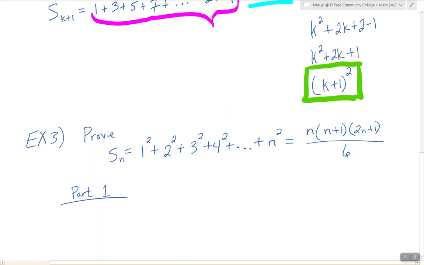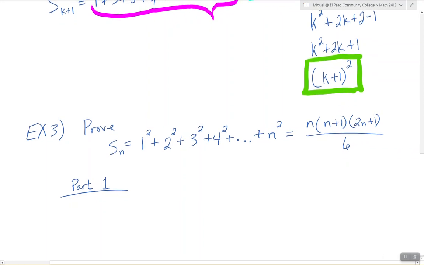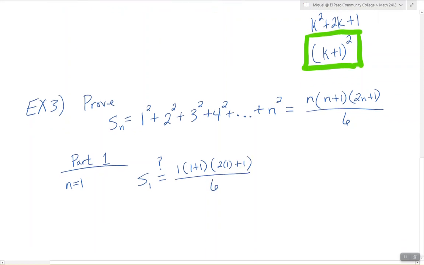Base case, we're going to check if S sub 1 is given by the formula. Looks something like that. Now S sub 1 is just the first term, right? What we get from n equals 1.